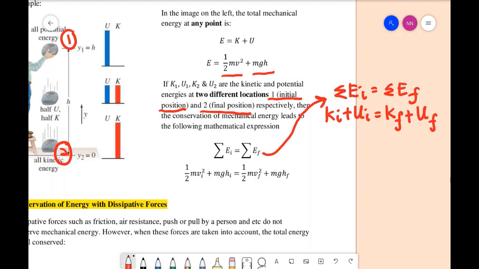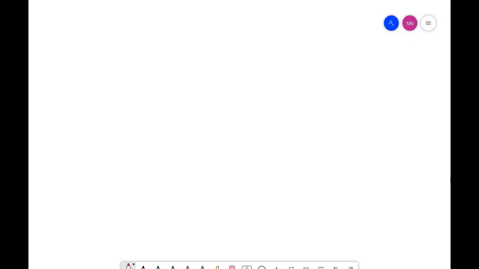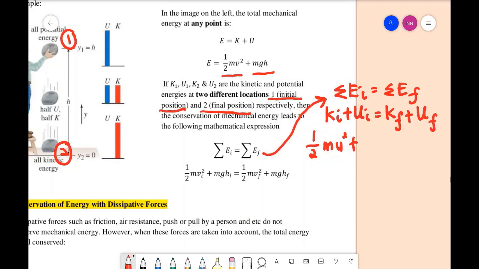The formula for initial kinetic energy is half mu squared, where u is the initial velocity, and the initial potential energy is mgh, where h is the initial height.